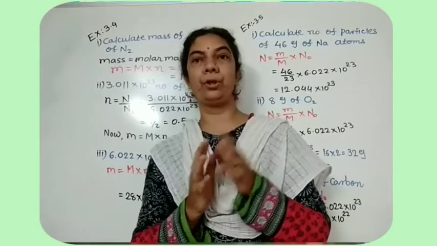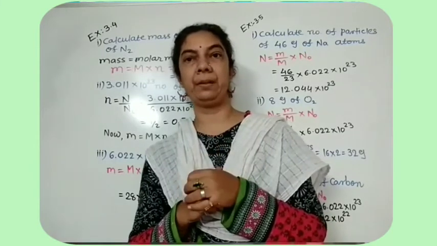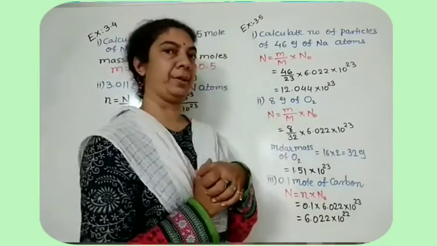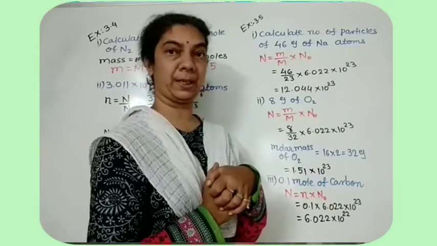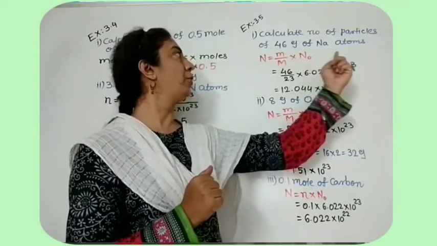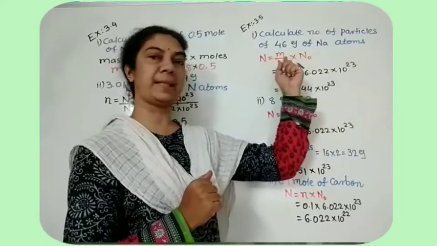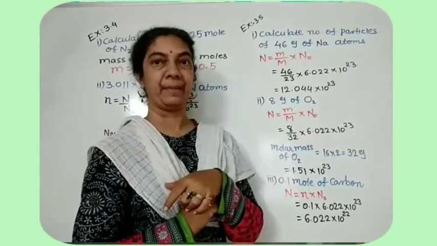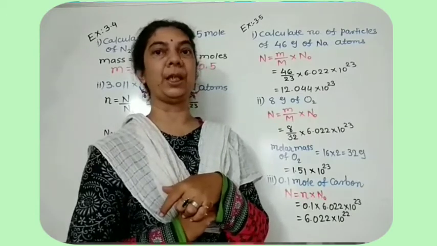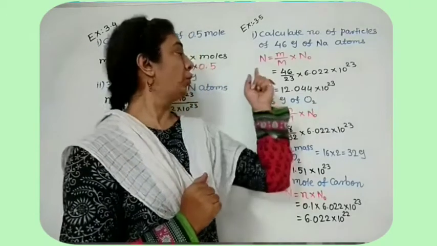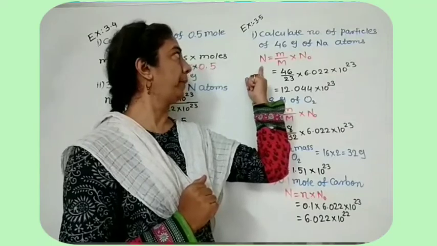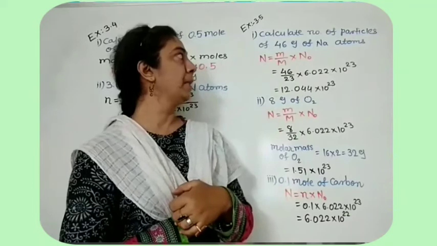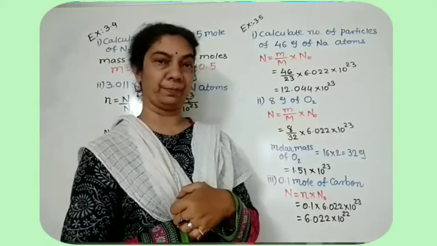Likewise, one more example we are discussing from the textbook. In that, we are asked to calculate the number of particles of 46 gram of Na atoms. Na stands for sodium. So we have the formula capital N equals m upon capital M multiplied by N0.